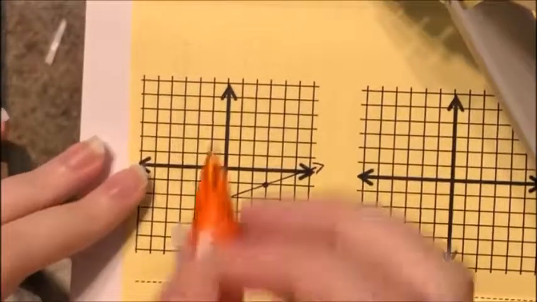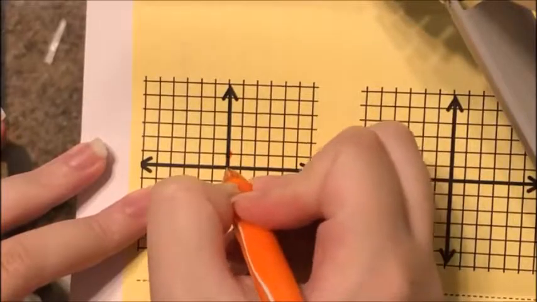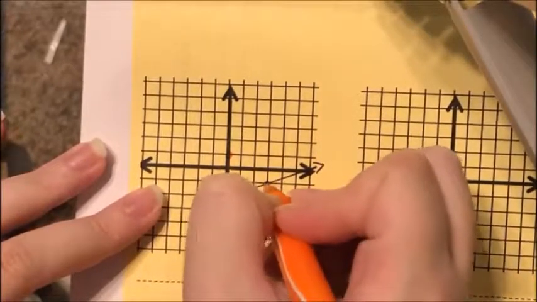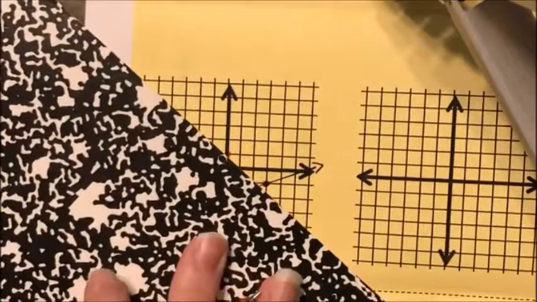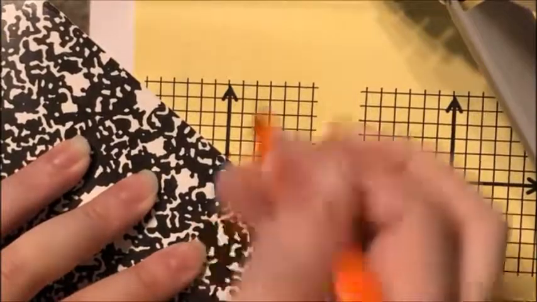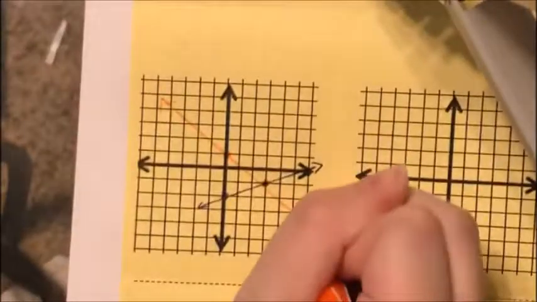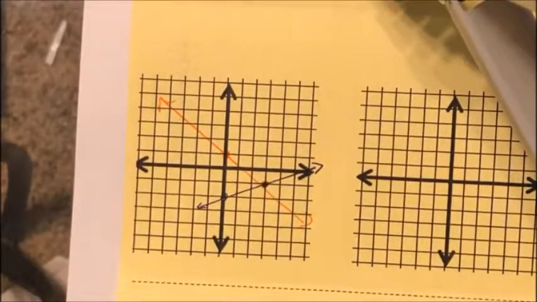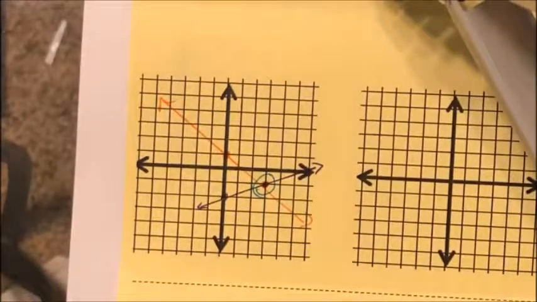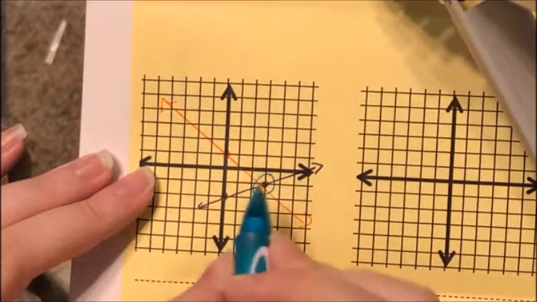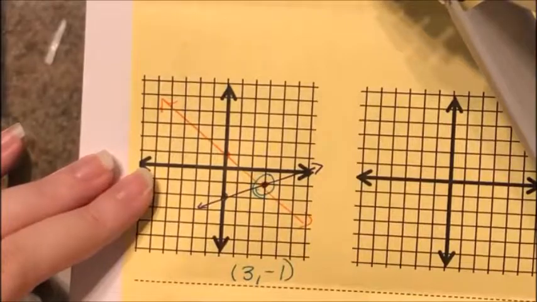My second equation, negative 2/3 x plus 1. So I start at plus 1. I go down 2 over 3. So there's my point of intersection right there, which is really nice. So there's my point of intersection, which is 3, comma, negative 1. Okay.